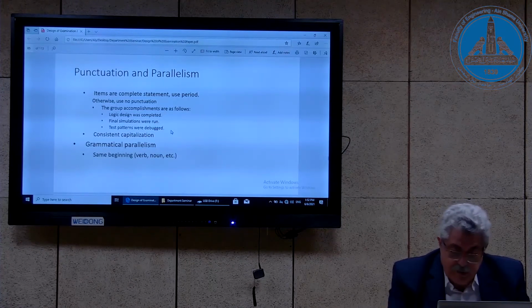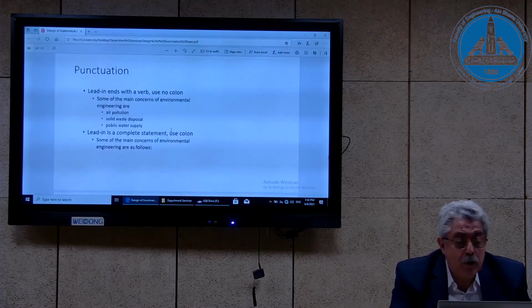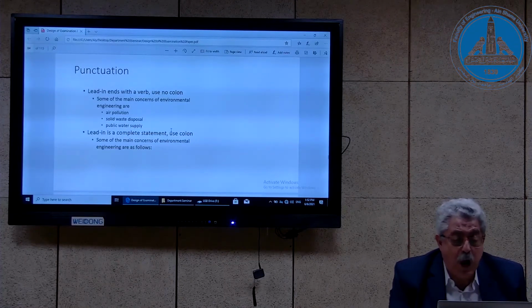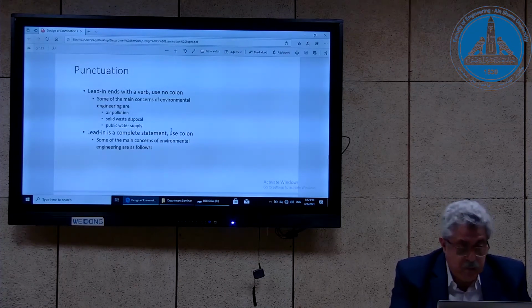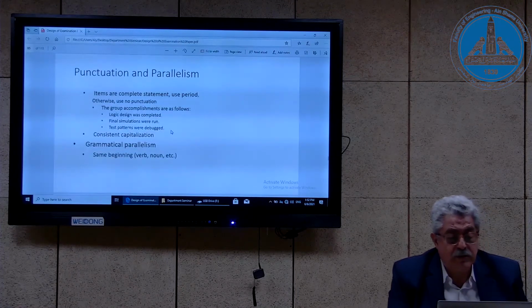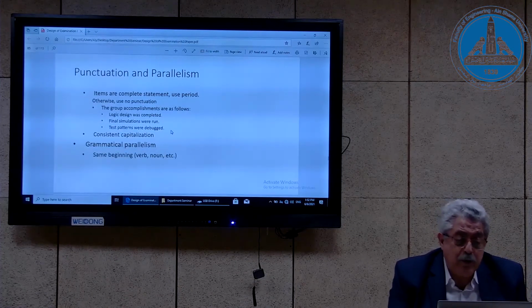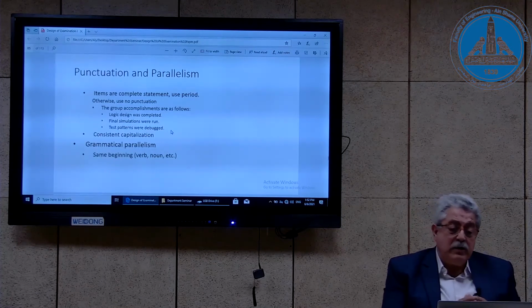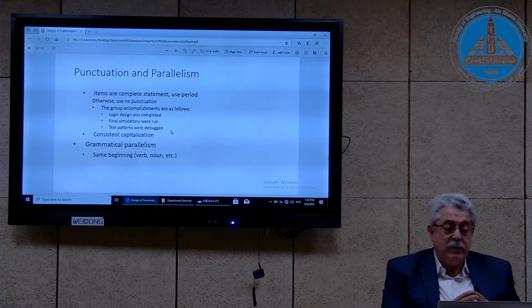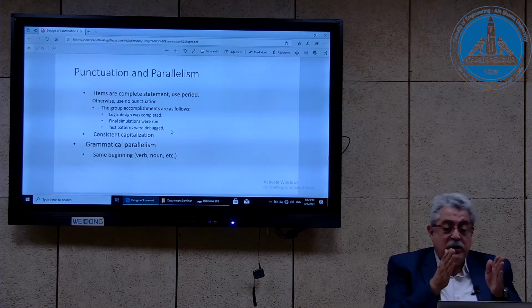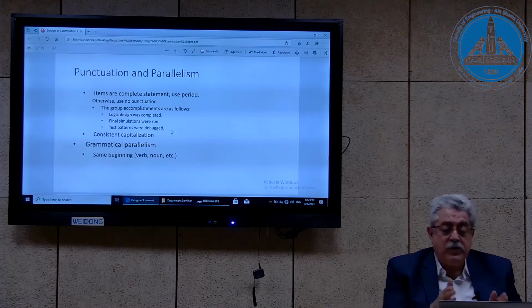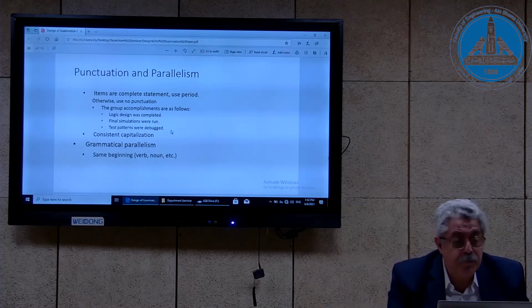But in the previous slide, we didn't put a period after air pollution and solid waste disposal. Why? Because they are not complete statements according to the rules here. Consistent capitalization is very clear. And then grammatical parallelism means we use the same beginning. If we begin the first list item with a verb, the second will be a verb, the third will be a verb, and so on.